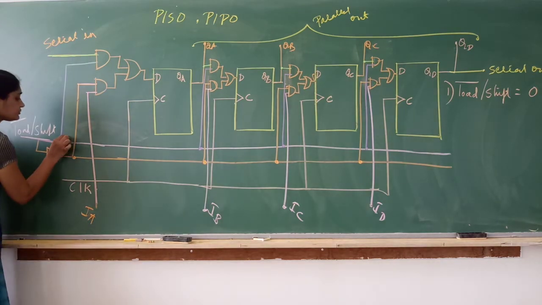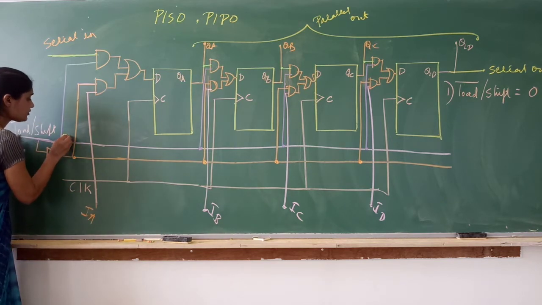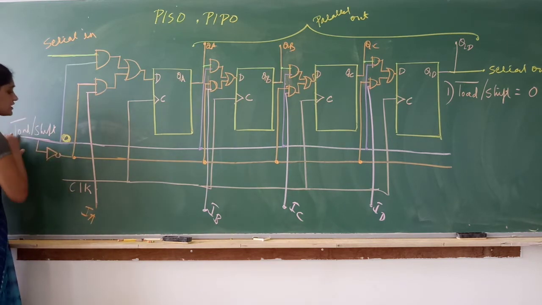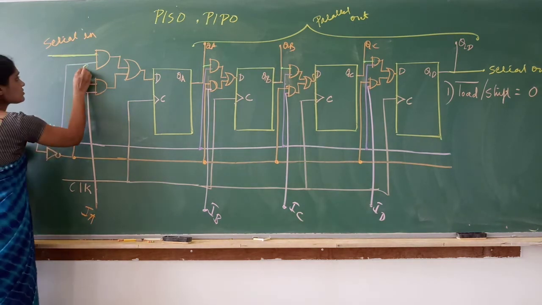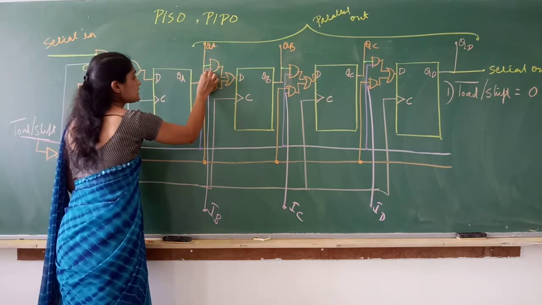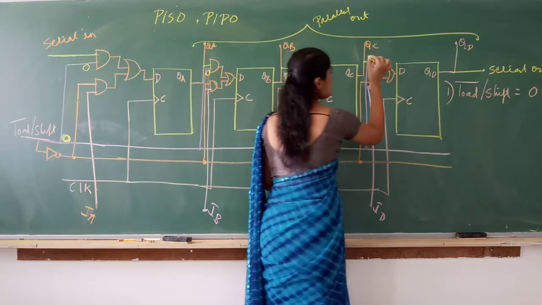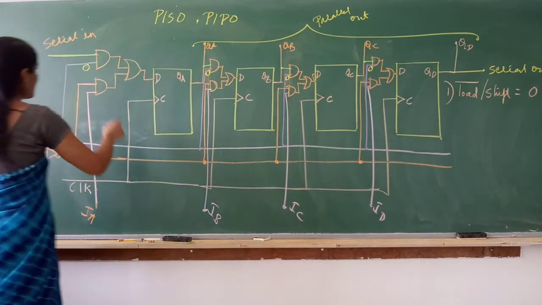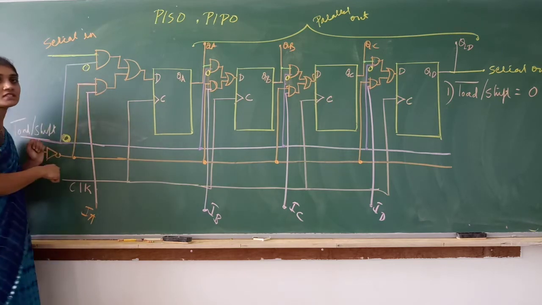So this is 0. Okay. So you have to be very attentive and you have to be very careful when you analyze this circuit. Only then you can understand. So I am giving this purple color line, whatever I have written, that input is 0 now. This is 0. This is 0. This is 0. This is 0. Okay.